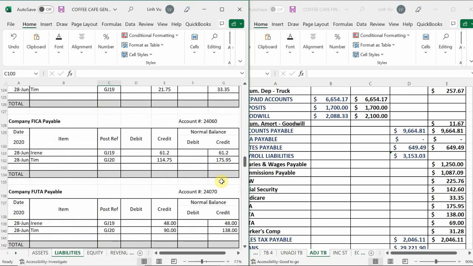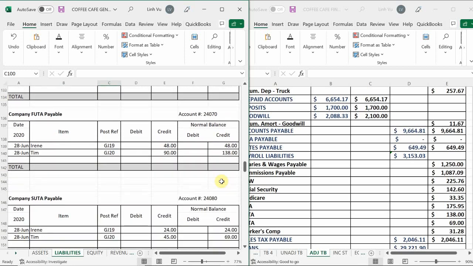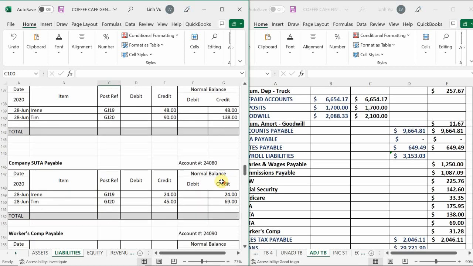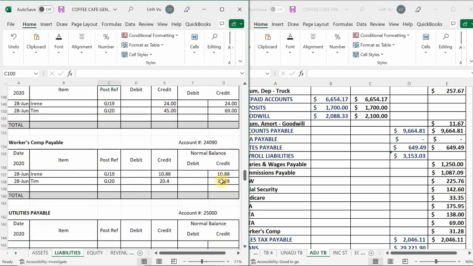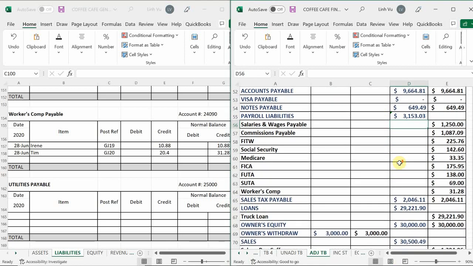My company FICA is at $175.95. My FUTA is currently at $138 even. My SUTA is still at $69, and my workers' compensation is still at $31.28. So good. That's my grand totals there.